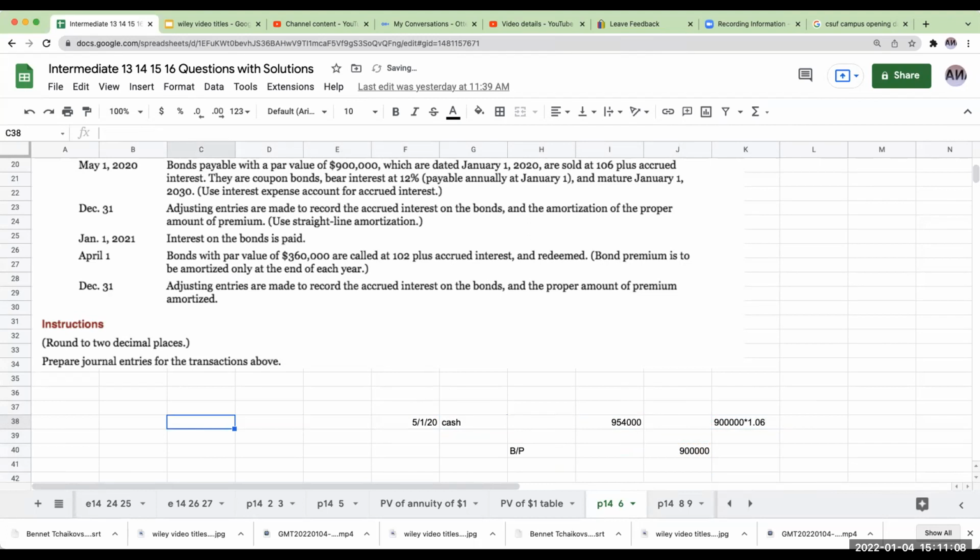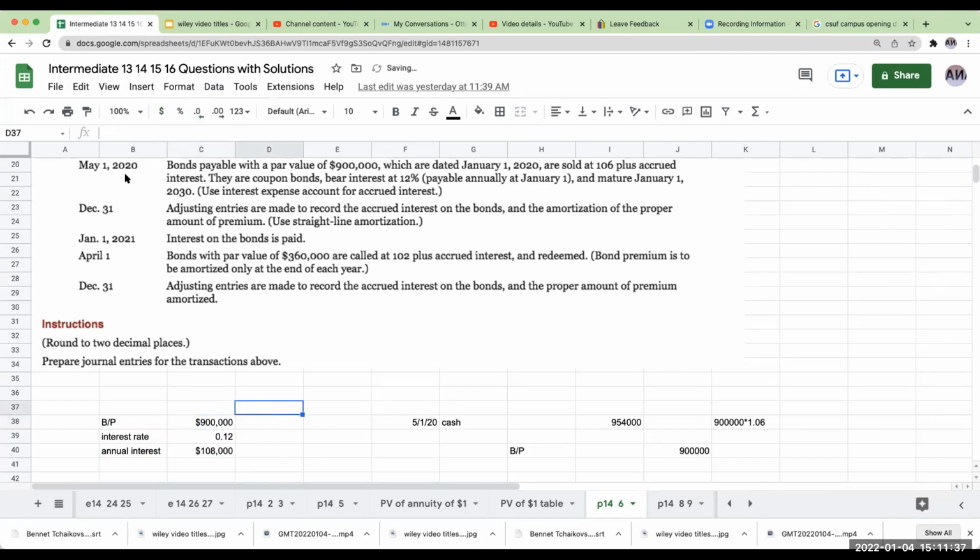So the amount of the accrued interest: 900,000 is my face value of my bond, times my interest rate, which is always an annual rate. So my annual interest is going to be $108,000. Okay, that looks right.